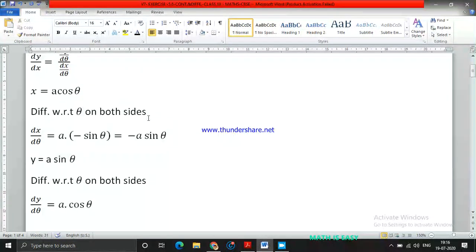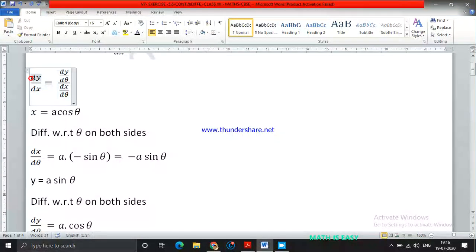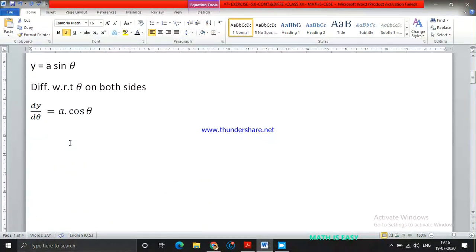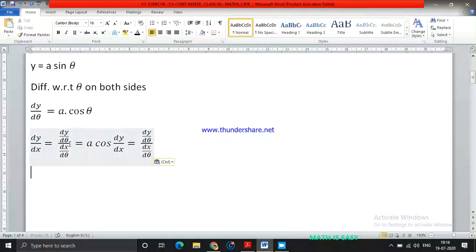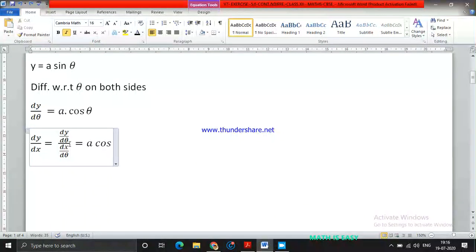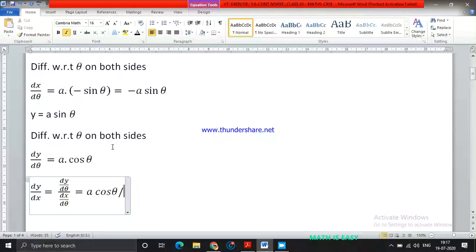What do I have to divide? dy by dx equals dy by d theta upon dx by d theta. Let me copy this step here. It equals a cos theta upon minus a sin theta.